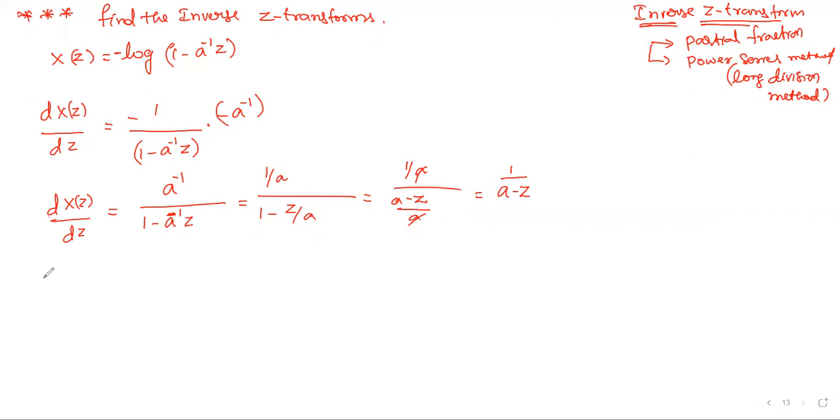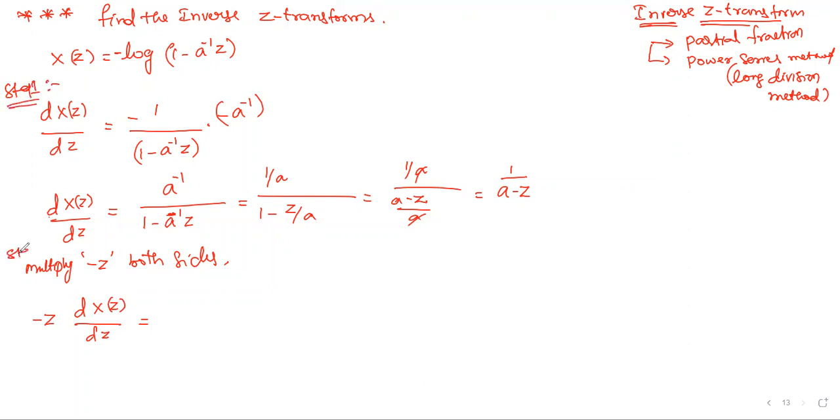Now you multiply by minus z on both sides. You follow only this procedure. If you multiply by minus z on both sides, what will we get? Minus z into dX of z by dz. This is step number 1, differentiation.